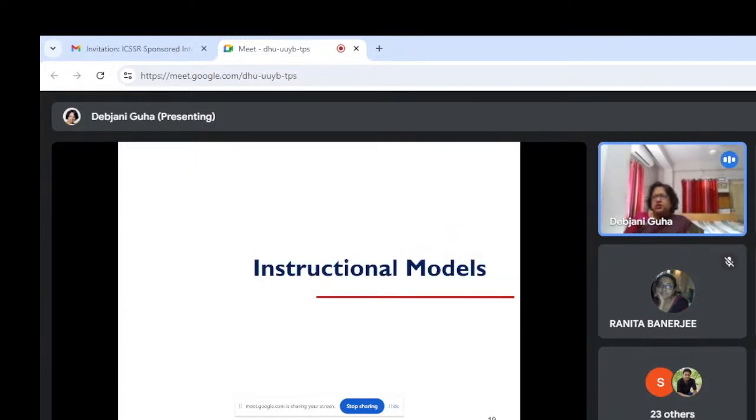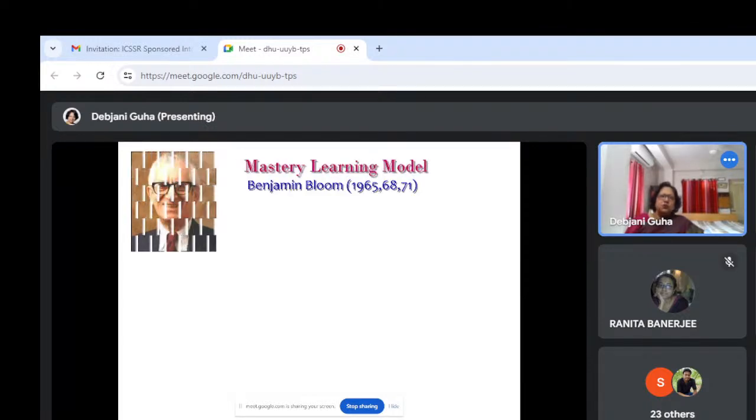Now, I want to illustrate a few instructional models. My intention is not to discuss the instructional theories or models in detail, but I just want to highlight the flavors of several important instructional theories given by eminent psychologists before reaching AI-assisted constructivism. Firstly, who talked about instruction? That is Benjamin Bloom.